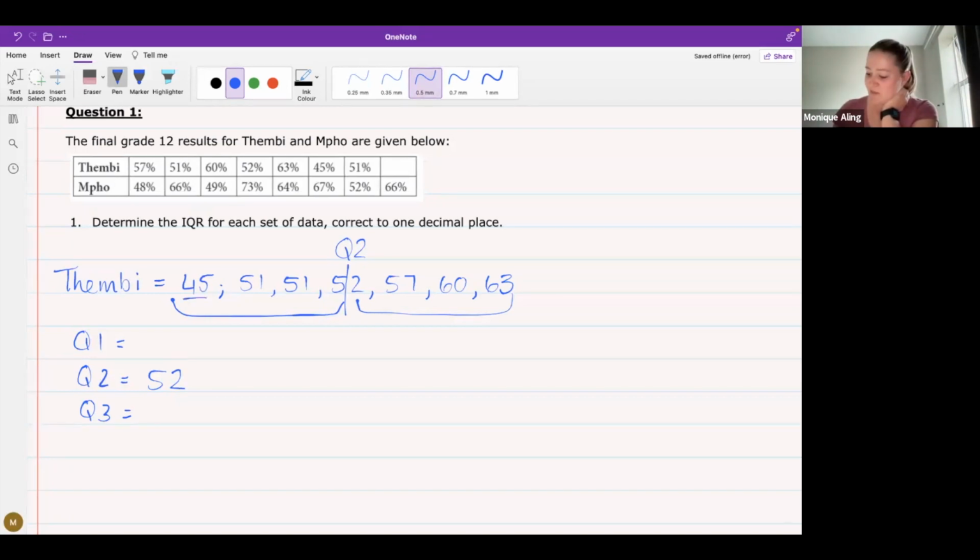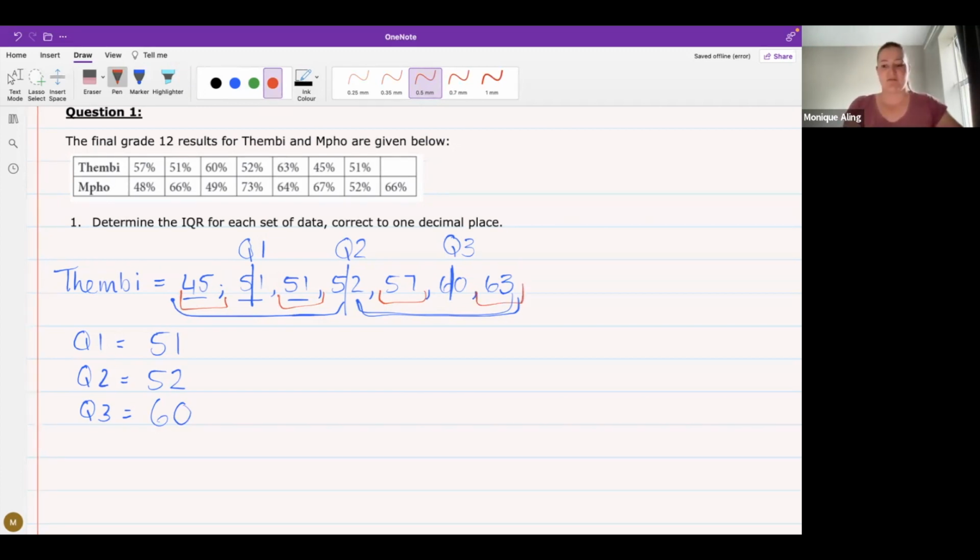So we look on the side, there's 1, 2, 3 numbers. So our middle number is the 51, and that's quartile 1. We look on the other side and we divide that in half. Our middle number is 60, and that is called quartile 3. Okay, and now we've got 4 equal parts by dividing it into those 3 quartiles.